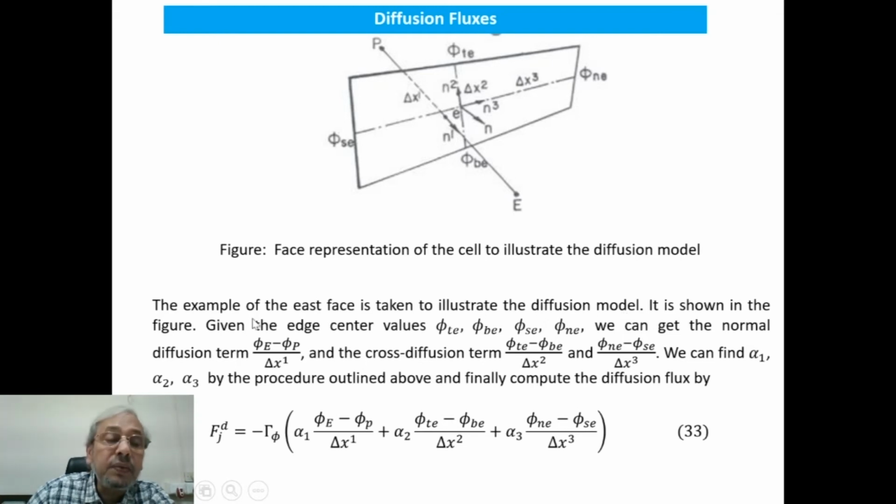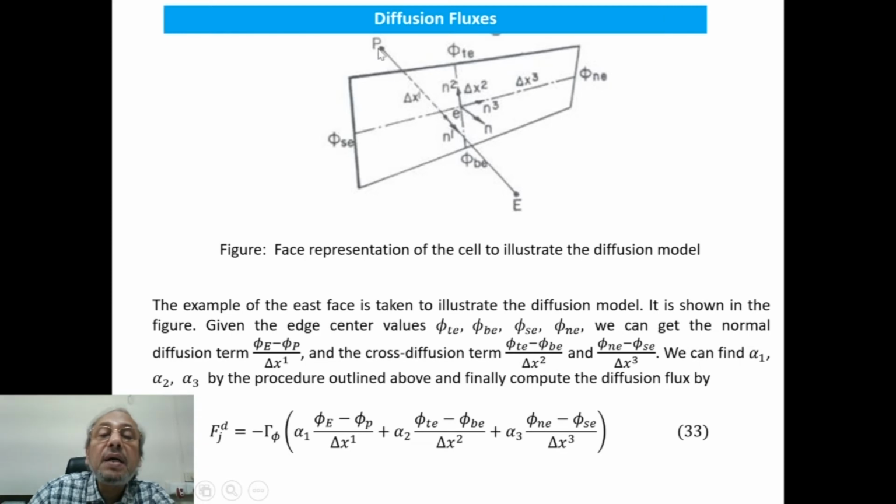It is shown in the figure. Given the edge center values, as I said, and phi defined there, phi T, phi B, phi AC and phi NE, we can get the normal diffusion term as phi E minus phi P divided by delta x1.